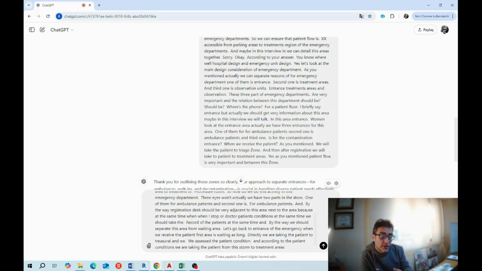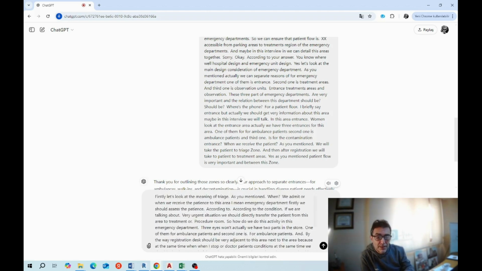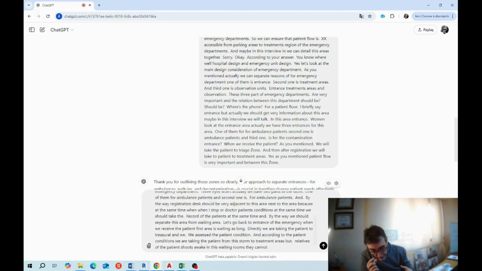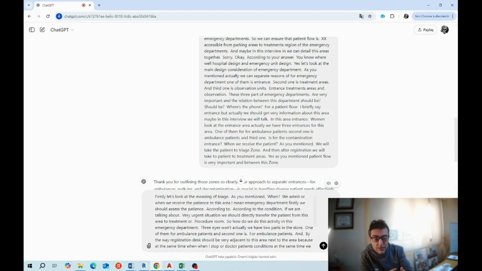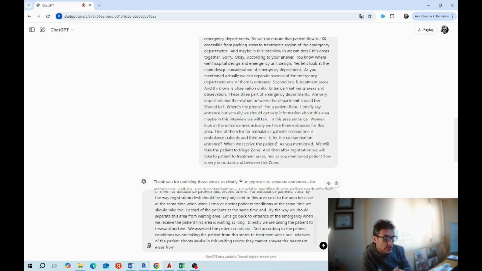But relatives of the patient should wait in these waiting rooms. They cannot enter the treatment areas from this zone.